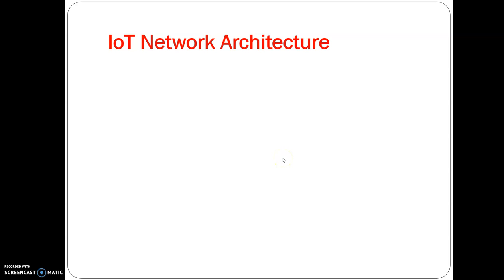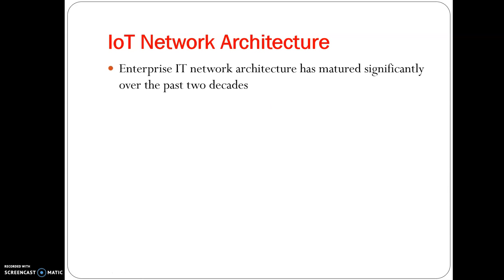In the last 2 slides at the beginning, we have seen the importance of an architecture plan, a micro level architecture plan, which is required to build a beautiful house as well as to build an IT network. In this particular video, we are going to focus on IoT network architecture. Enterprise IT network architecture has matured significantly over the last 2 decades. The discipline of IoT network architecture is new and requires a fresh perspective.